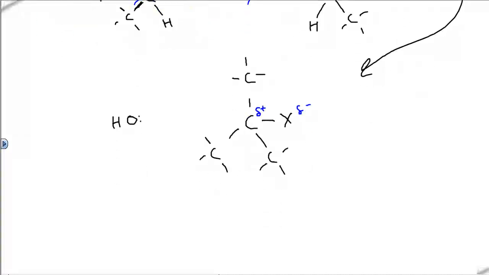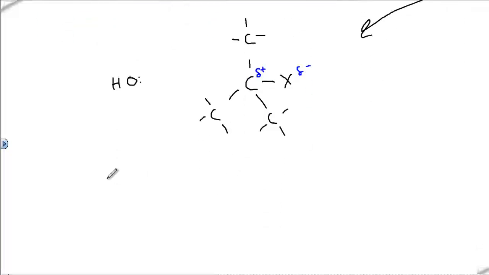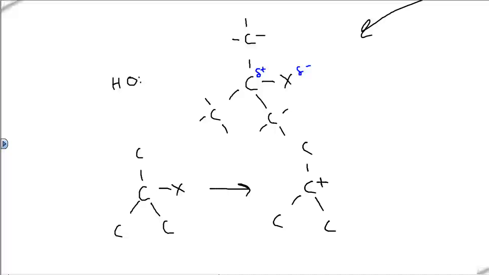And so the mechanism for this process is proposed as follows: let me draw it in its initial state. In the first step, the carbon loses the leaving group, forming that carbocation.